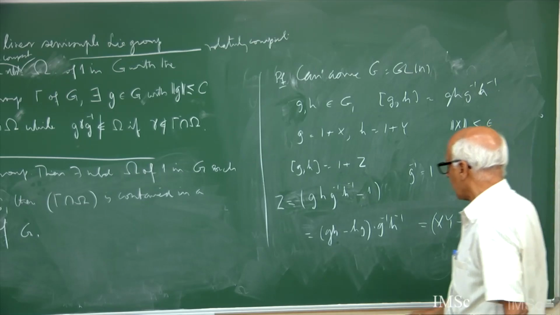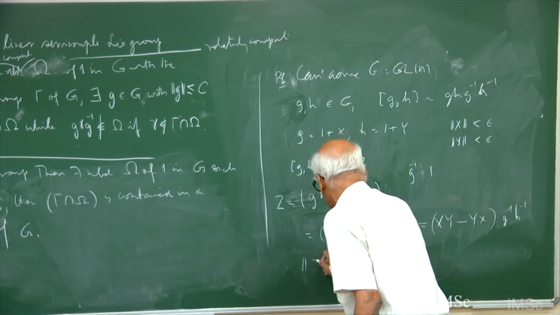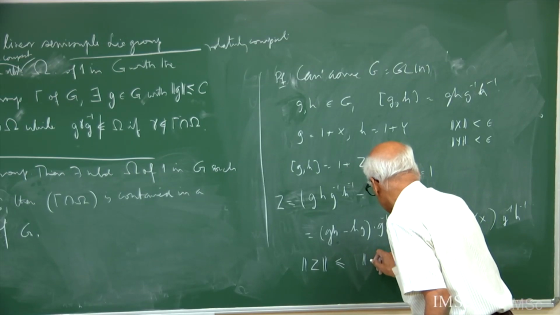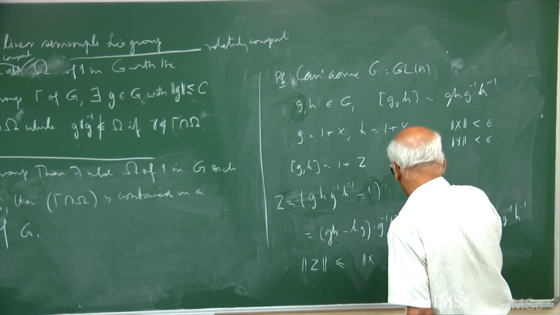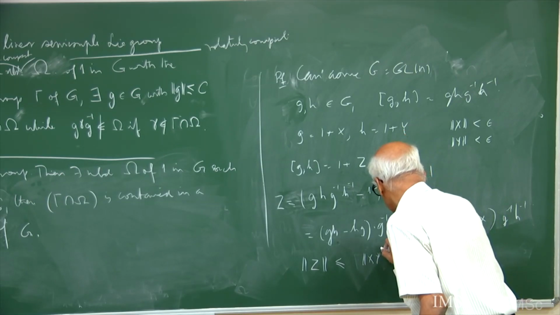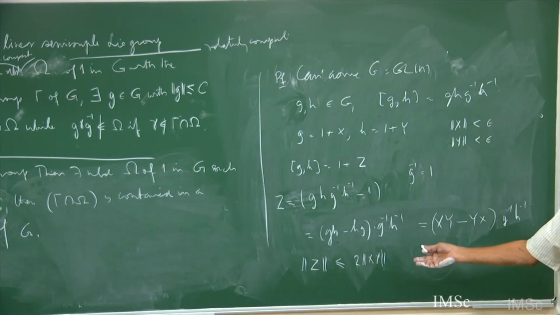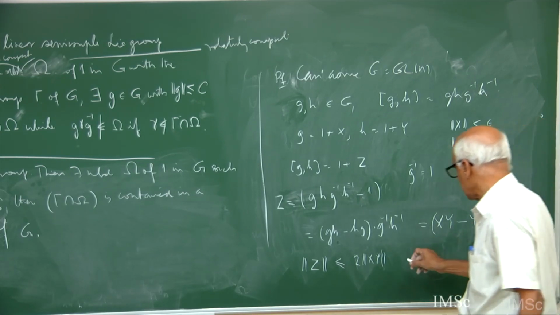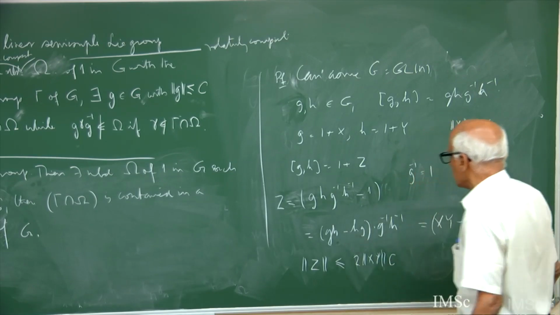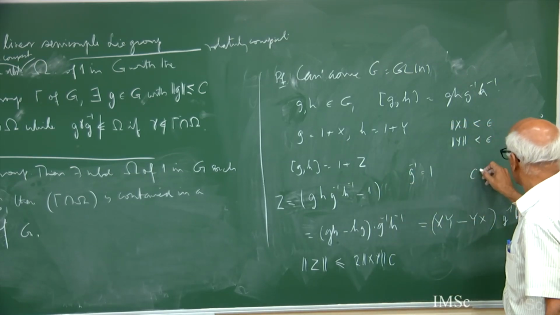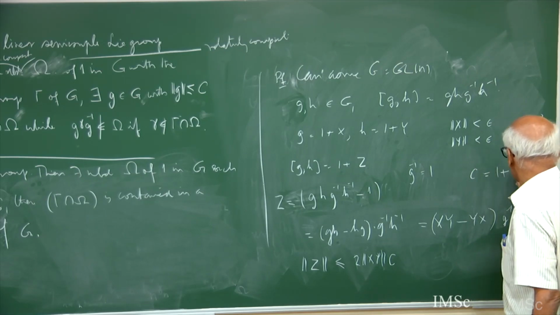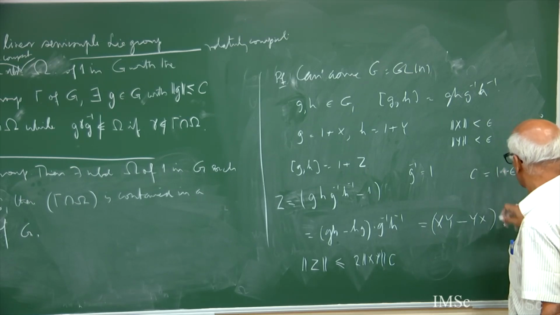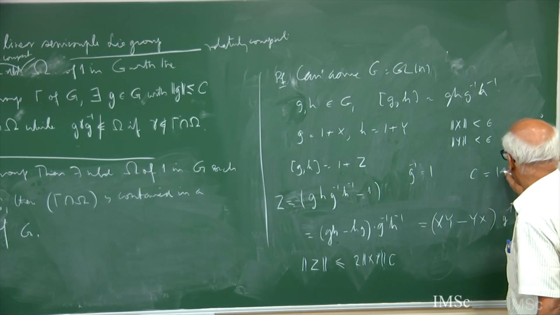Okay. And therefore, if I look at norm Z, it is less than or equal to norm X Y minus Y X, it's norm X norm Y plus norm Y norm X, which I write as norm X norm Y, times C, where C is 1 minus epsilon inverse.